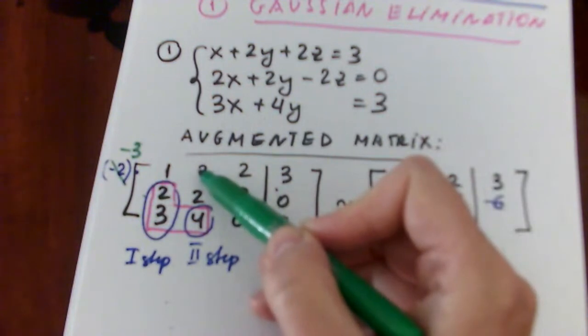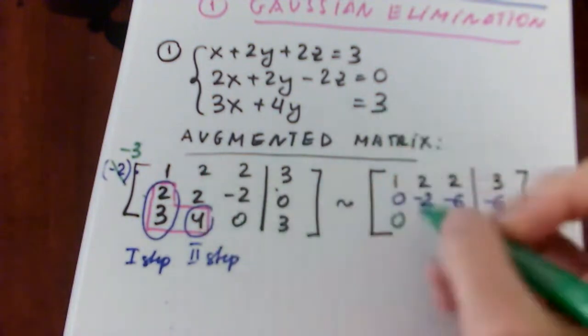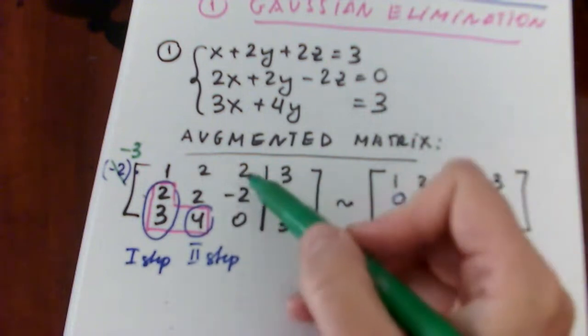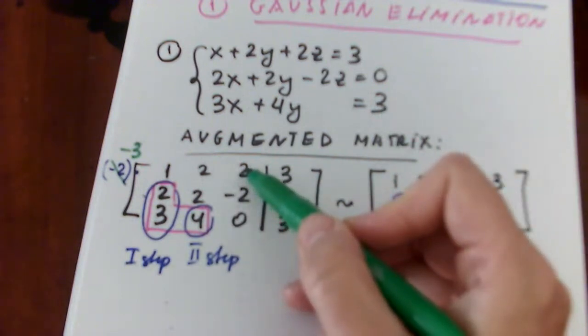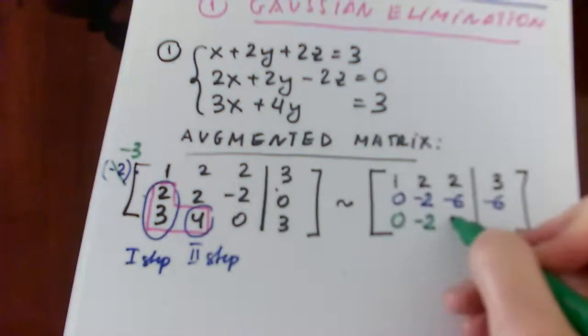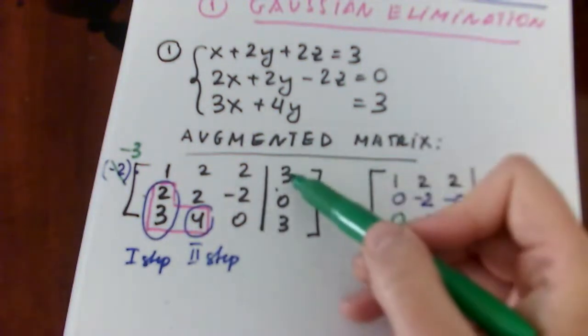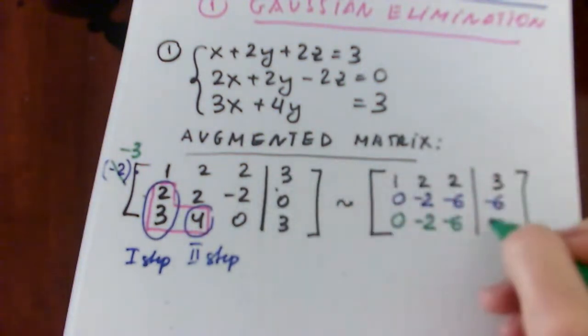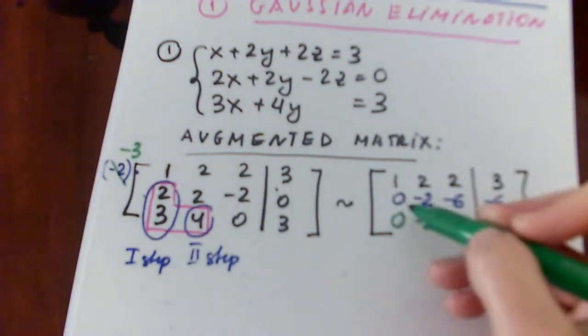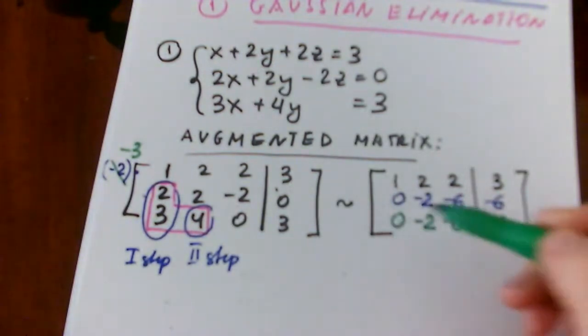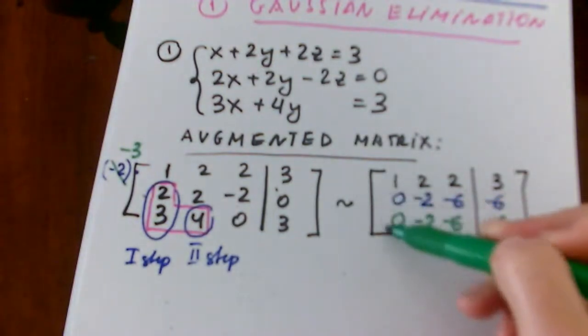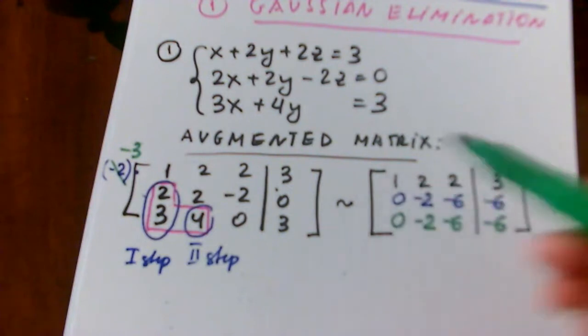The next element will turn into -6 after multiplication. -6 plus 2 will be -4. And this will be -6 plus 0 will be -6. And this will be -9 plus 3, -6 again. So we are finished with the first step. We achieved our goal. We did get zeros here.